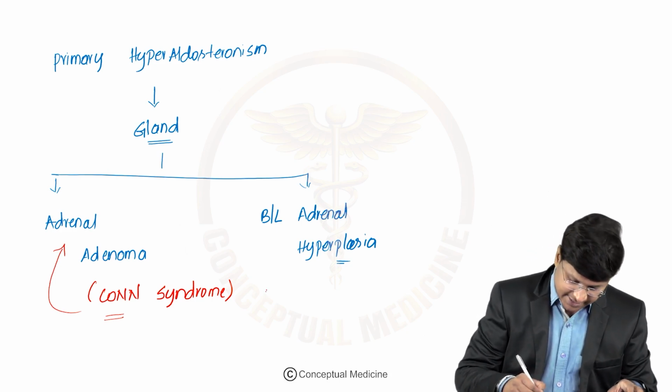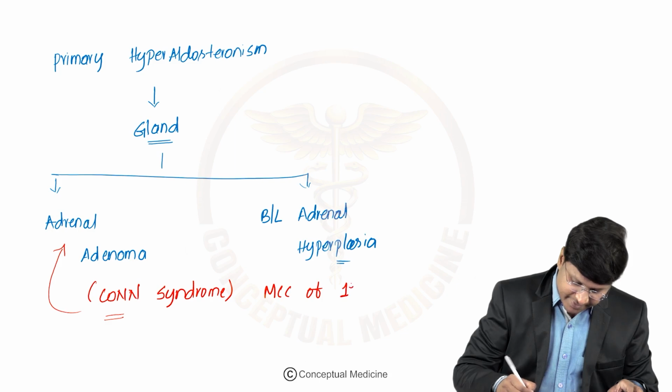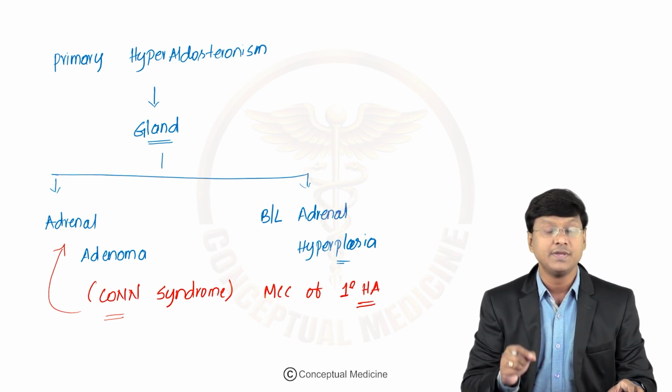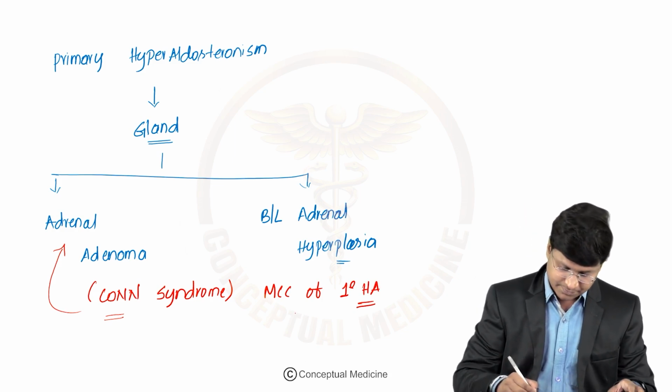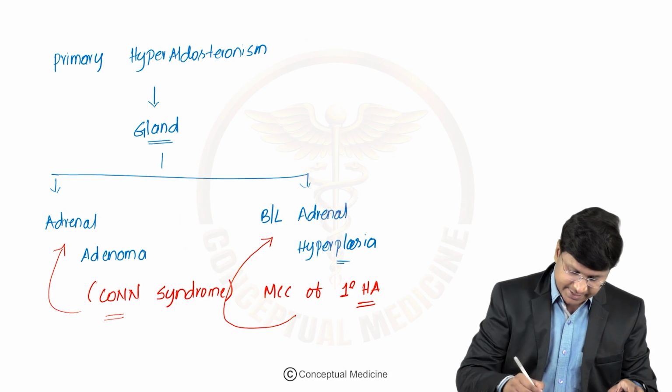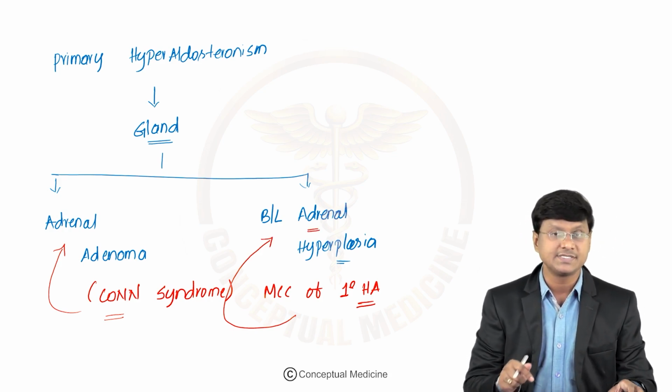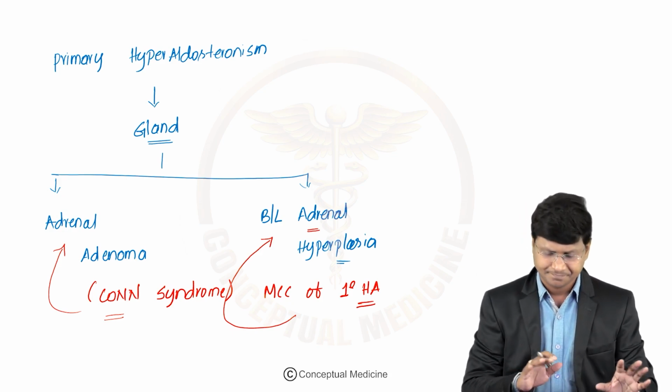But if the question is asked what is the most common cause of primary hyperaldosteronism, then the answer is bilateral adrenal hyperplasia.